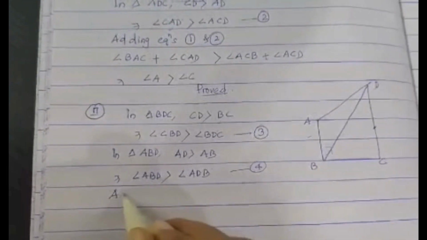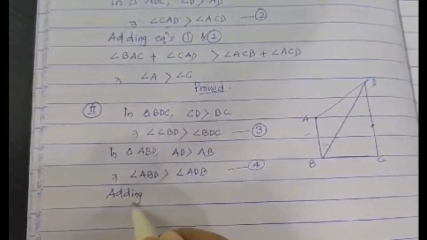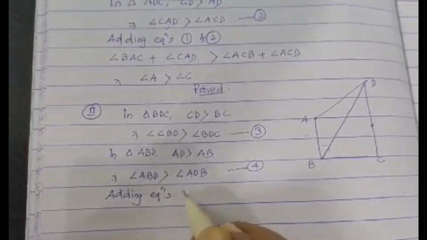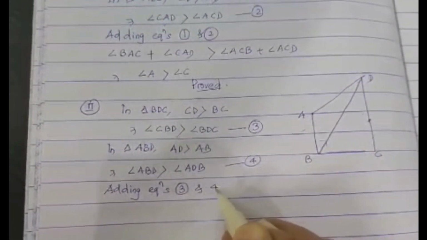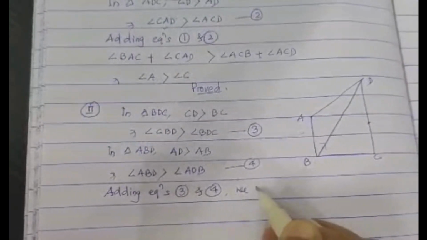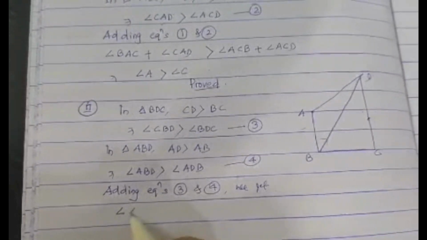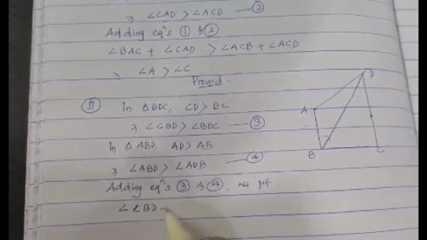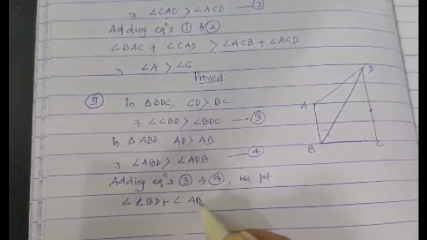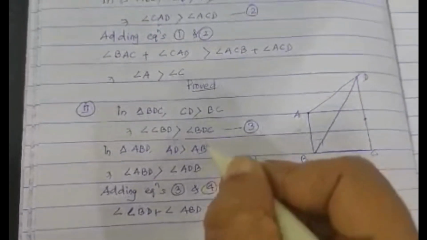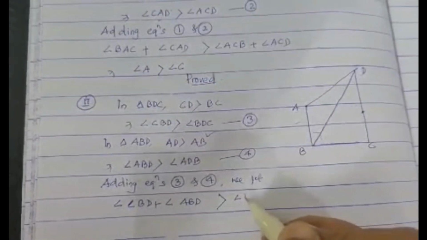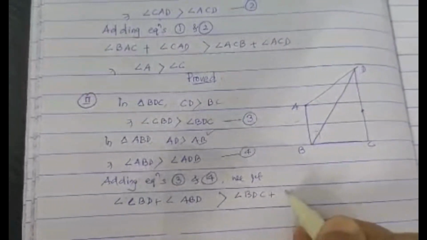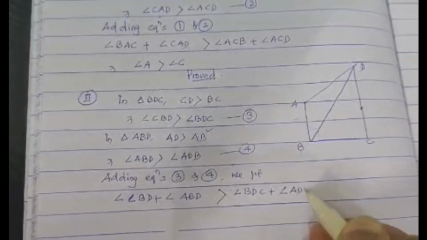So adding 3 and 4, what we get? Adding equations 3 and 4, we get angle CBD plus angle ABD is always greater than angle BDC plus angle ADB.